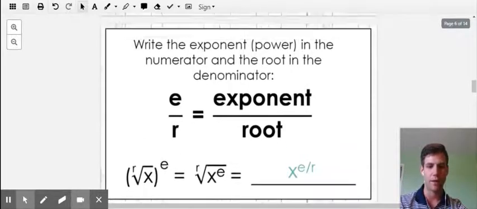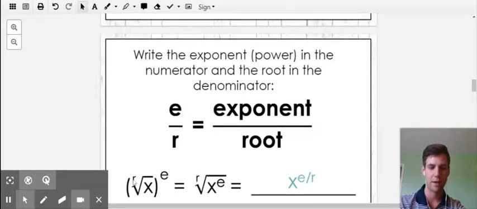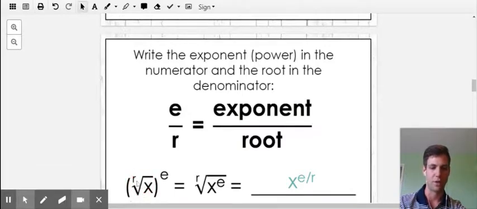Now, these bottom ones are exactly the same. You have an r radical, where r is the index, of whatever you're taking the root of. For a square root, the index isn't written, but it is a 2. For a cube root, that r would be a 3, and so on.